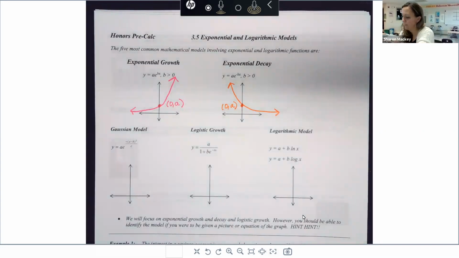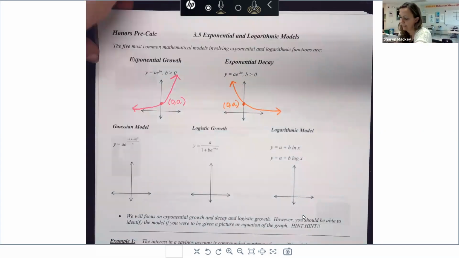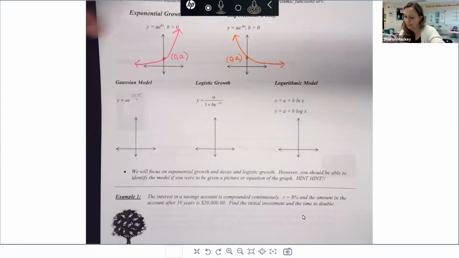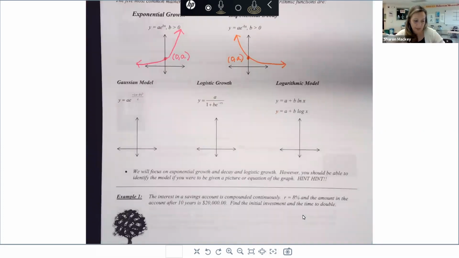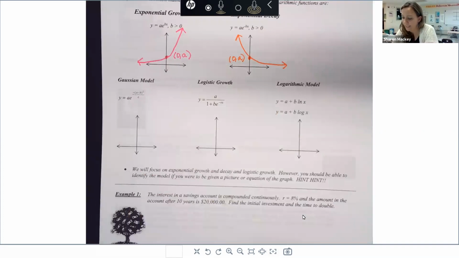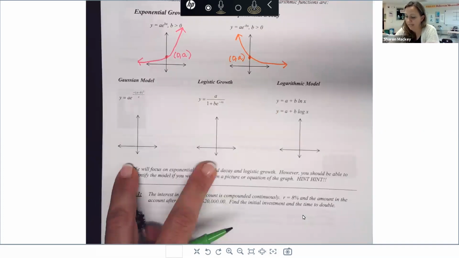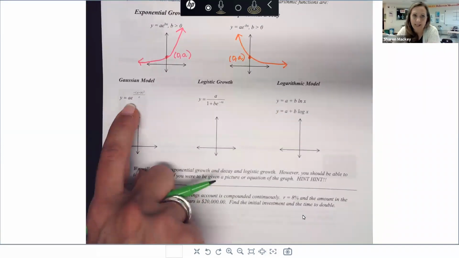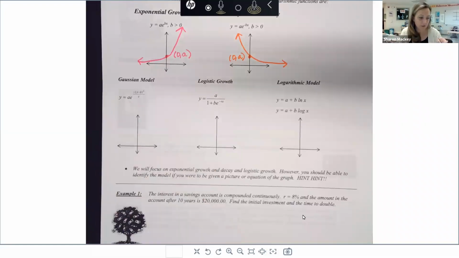There's also another model that can be used, the Gaussian model. And for the rest of these, like for the Gaussian and logistic growth, it's just the idea of being able to recognize what the equation is and then what the graph would look like.